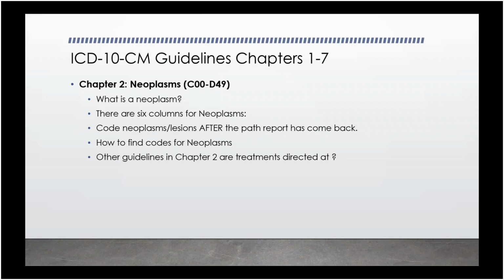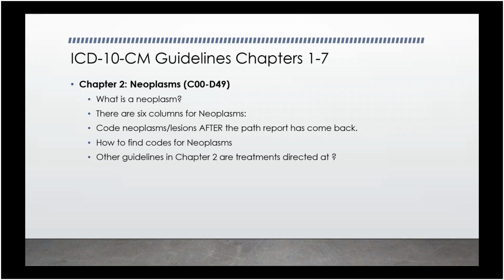But if it's something like leukemia or adenocarcinoma, we need to reference the alphabetic index to get the specifics. Okay. Other guidelines that we're going to use: you want to pay attention to why the patient came in and what the treatment is directed at, especially when it comes to neoplasm.